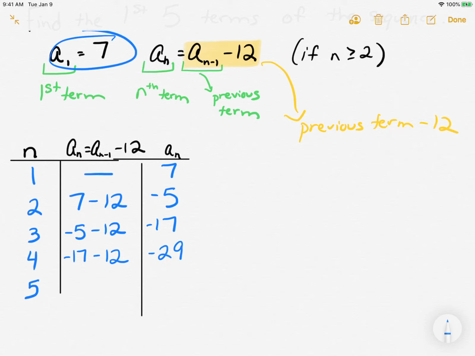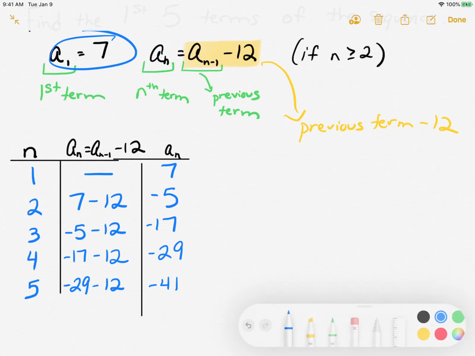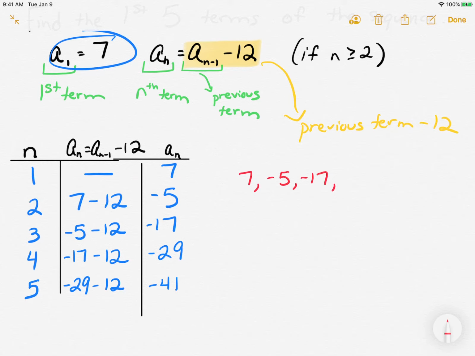Good. And finally, negative 41. There we go. So the first 5 terms in the sequence are 7, -5, -17, -29, and -41.